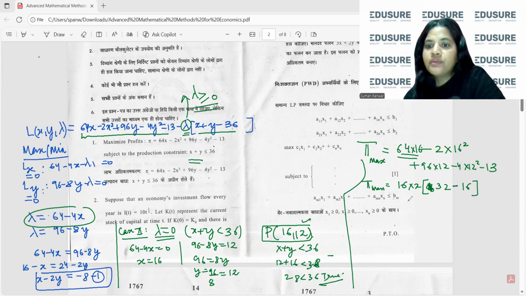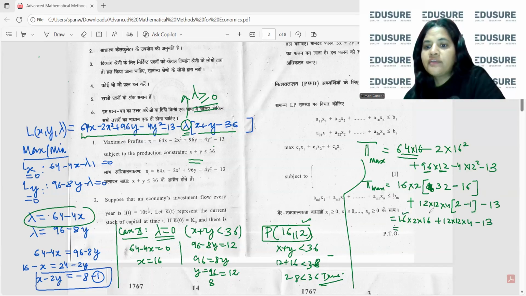This is how we do simple calculations. Then here we can take 12 into 4 common, so 96 will be 12 times 8, so I have 8 left over here, 2 left, and minus 13. So it is 16 times 2 times 16 plus 12 times 12 times 4 minus 13.